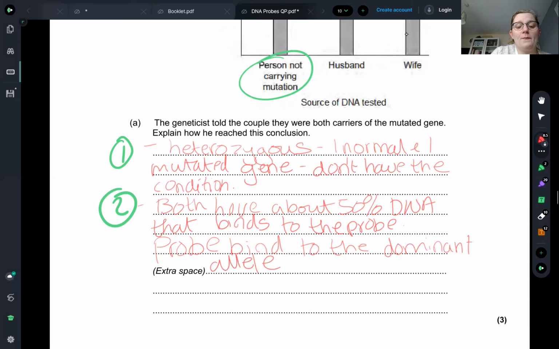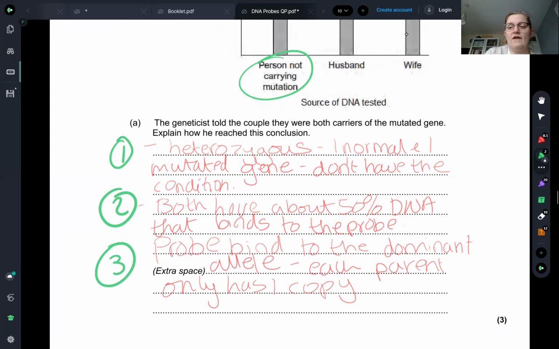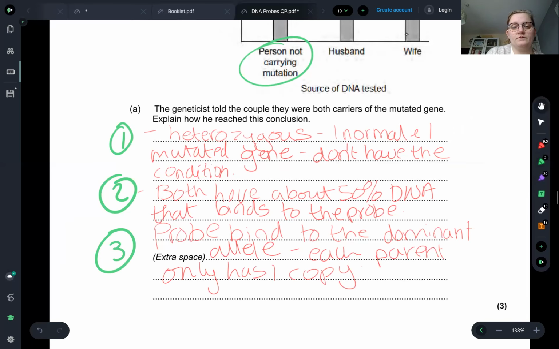So only 1 copy of the exon is in their DNA, so each parent only has 1 copy. So that is the first part of that question.